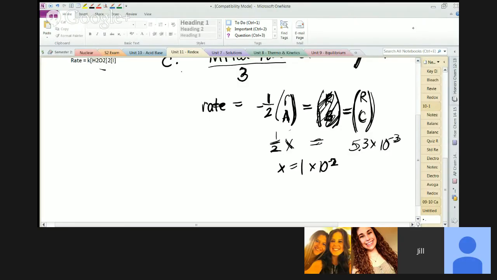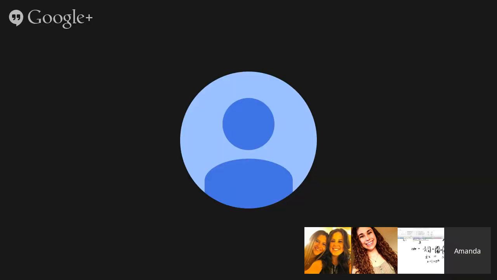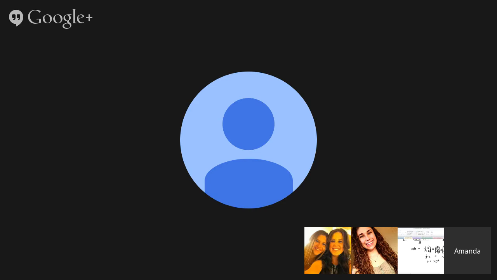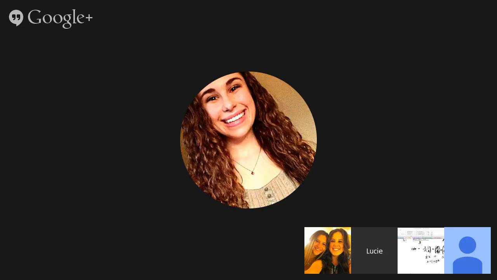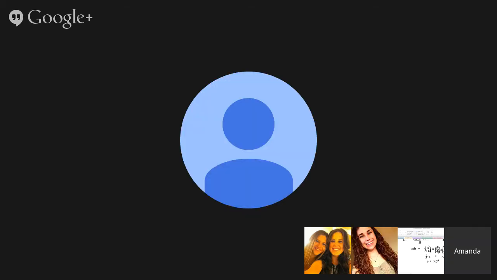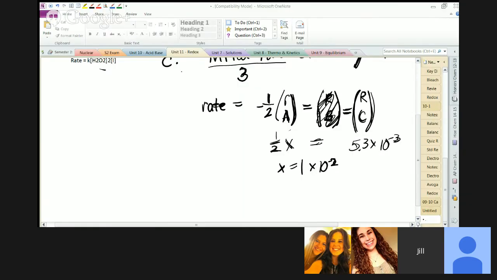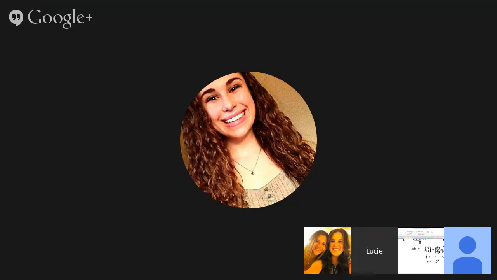What other questions do you have? For the integrated rate laws, it's not on the review, but it's in the packet. You have the equation natural log of A equals natural log of A naught minus kt. Where do you get that from? That's actually going to be on the equation sheet that you get. It's derived from calculus.